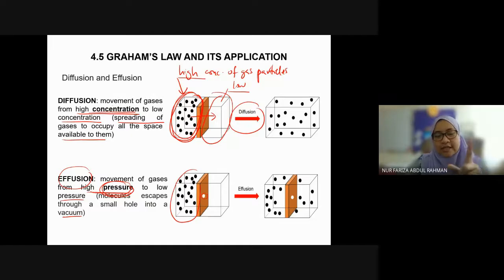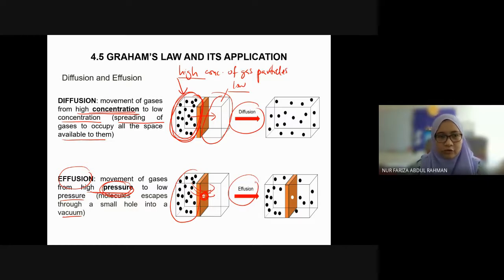It's just that the gas will pass through this small hole. So pergerakan dia limited lah dekat situ. So dia kena keluar satu-satu to this low pressure side. So that is what we call effusion.